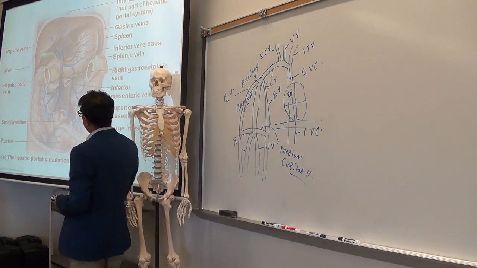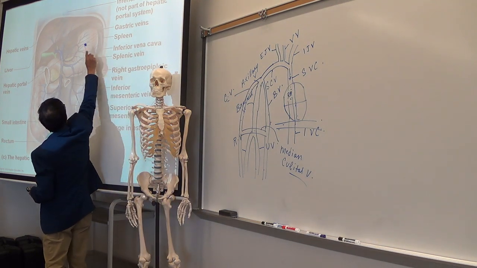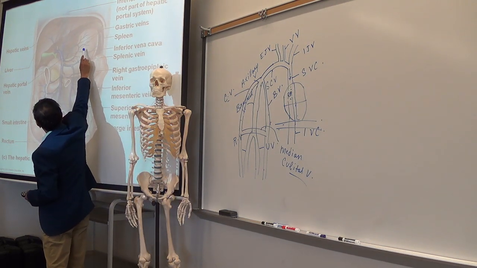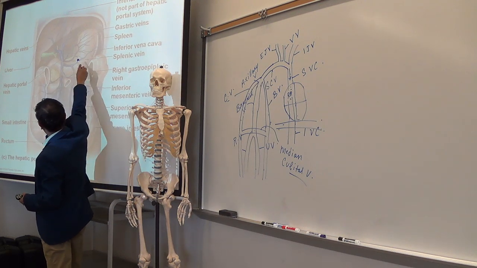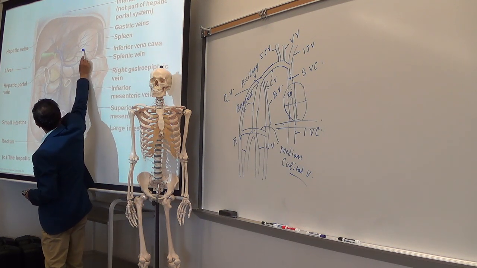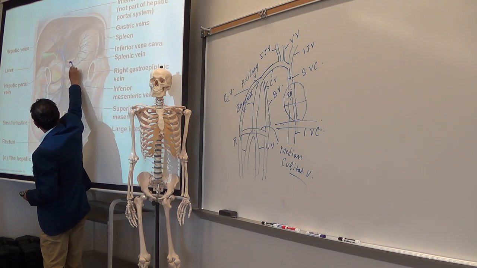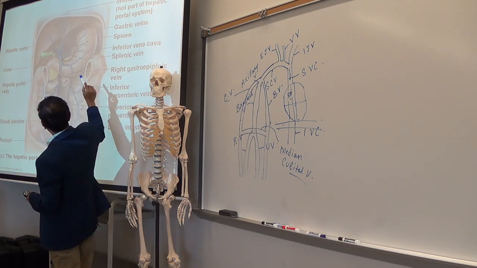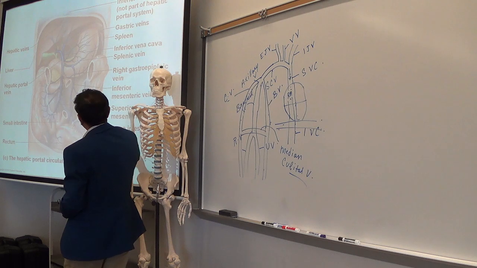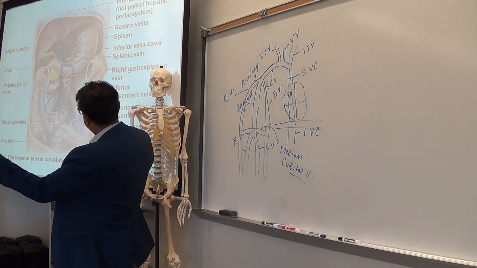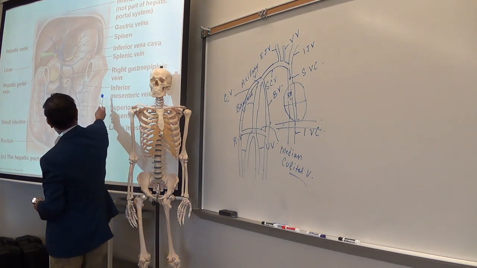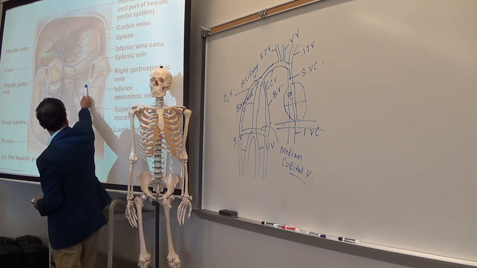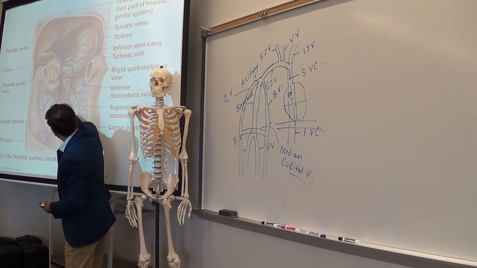And gastric vein, this one, from the stomach. The term gastric indicates the stomach, you know that. So this is the stomach, so gastric vein, okay. Superior mesenteric and inferior mesenteric, it's like arteries, right? So you see, this is the inferior mesenteric and this is the superior mesenteric.